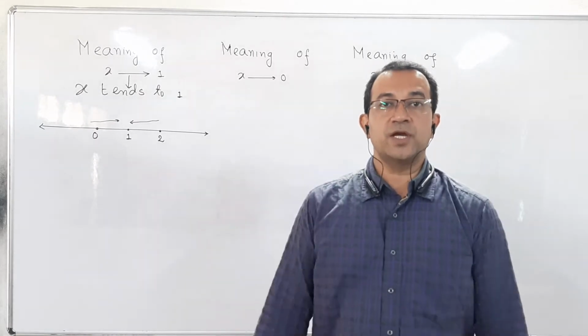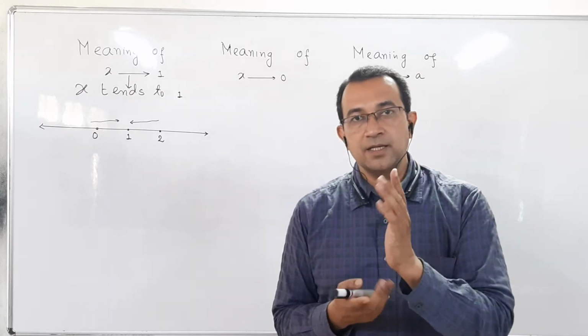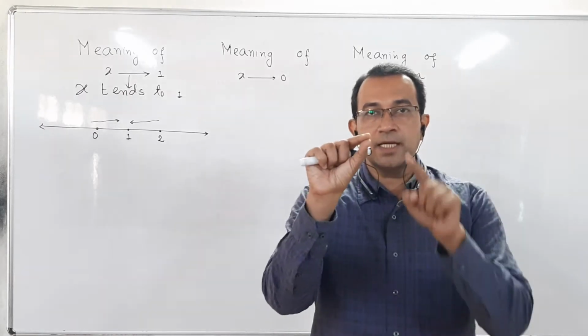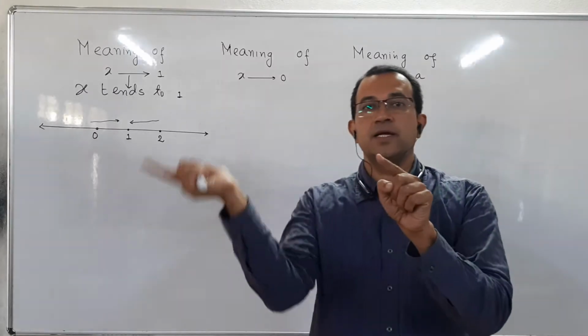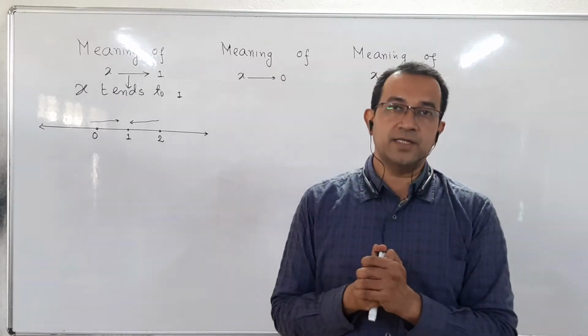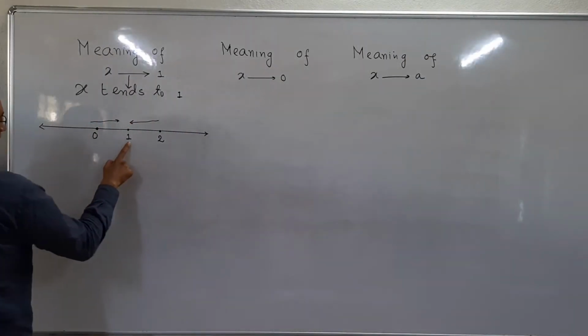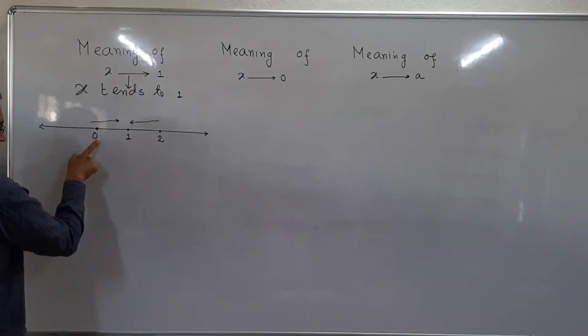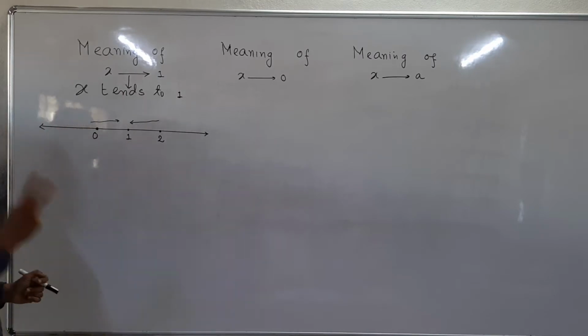Today, students, we are going to understand the basic theory on a number line. A number can be approached from two sides, one from left hand side and one from right hand side. I can approach one from left hand side as well as from right hand side, only two sides.